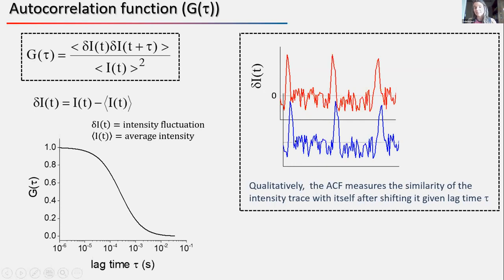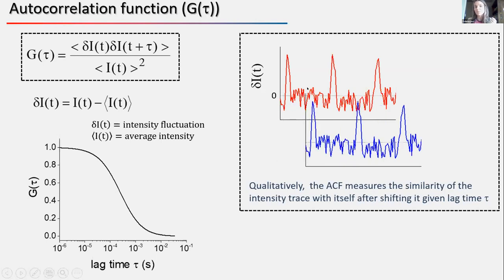Now you get, in some cases, positive values or negative values. So on average, you will get a value that is smaller than the one you got before. If tau is higher, what we are multiplying are things that do not correlate with each other. So when you do the calculation along the whole intensity trace, what you are going to get is on average 0. So this is more or less the shape of the correlation curve.